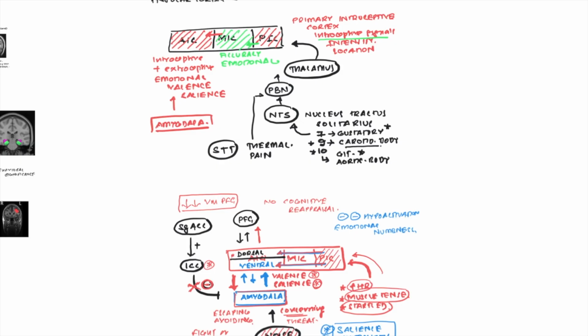So it's going to get the emotion to your conscious awareness. The anterior insular cortex then sends the information to the prefrontal cortex, which is responsible for the top-down emotional control or cognitive reappraisal, telling your brain whether it is safe or there is a threat. And based on that, the amygdala is going to respond.